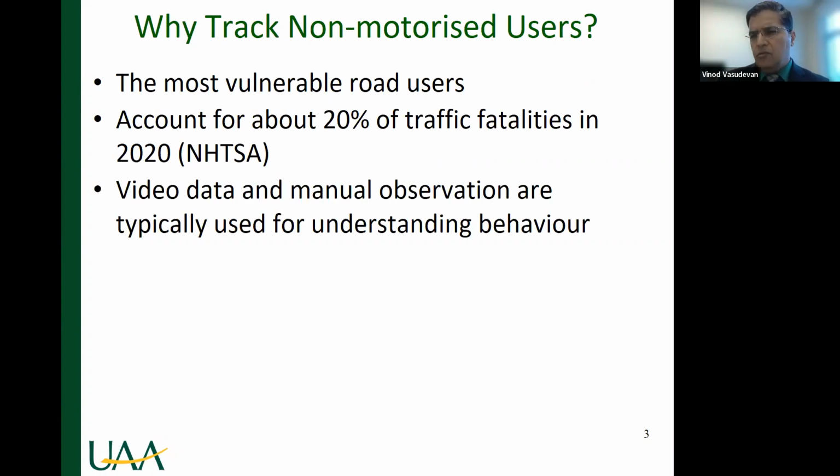That trend is the same for almost all previous years also. Keep in mind that 20% is a huge number, because the mode share of pedestrians and bicyclists is very small. So 20% is disproportionately higher.